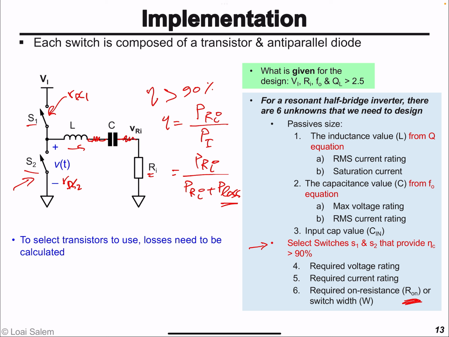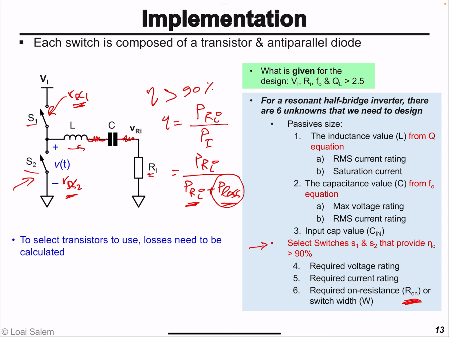So all these resistors introduce conduction losses that basically increase the input power compared to the power that's delivered to the output AC node.